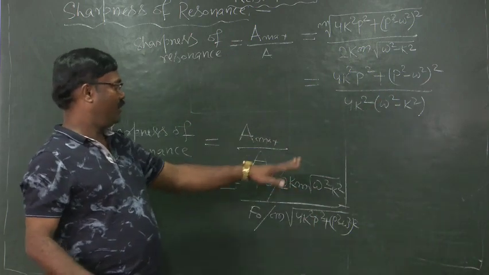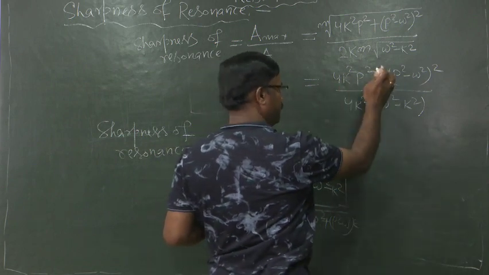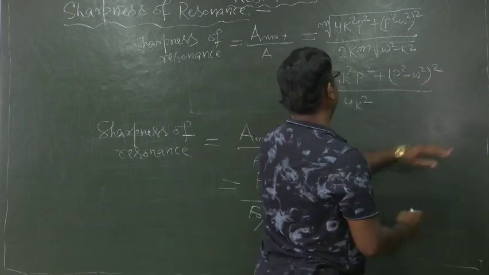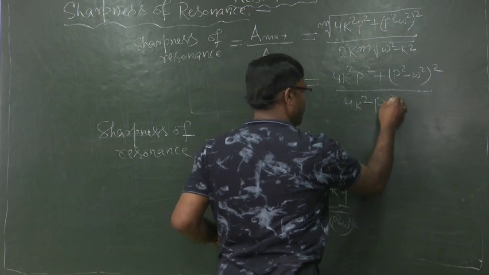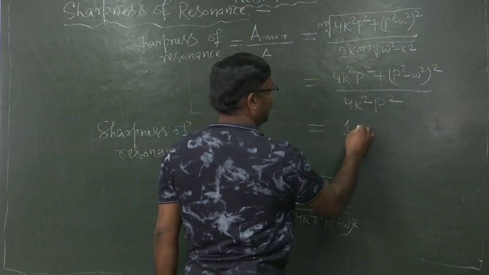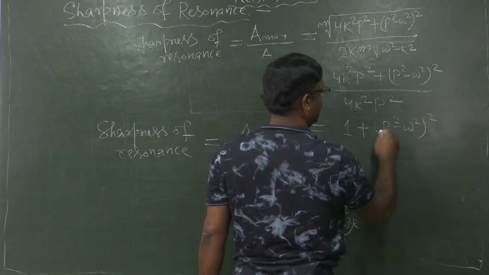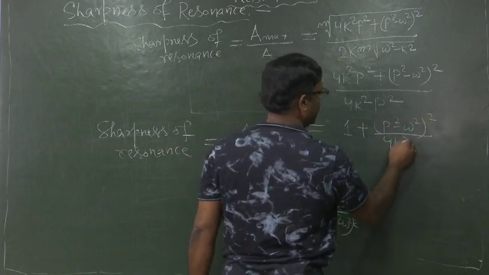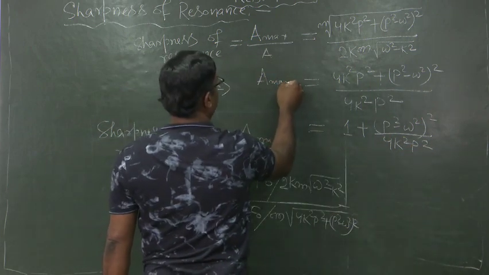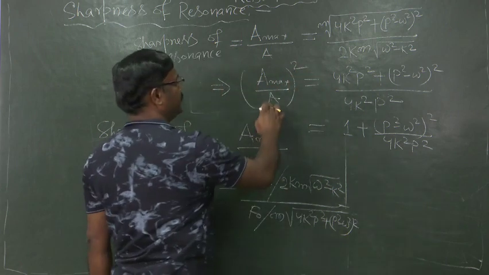So here we can write this as 4k²p² + (p² − ω²)² divided by 4k²p², which can be written as 1 + (p² − ω²)² divided by 4k²p², which implies (A max by A) whole square is equal to this much.